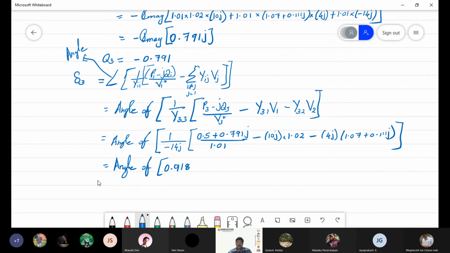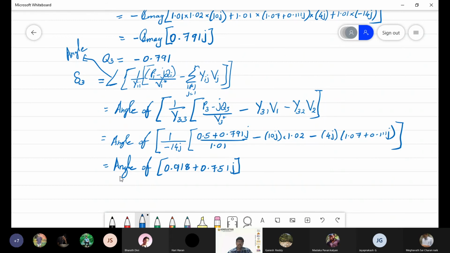Let us see the imaginary part, plus 0.751j. So I hope you will get the answer like this.